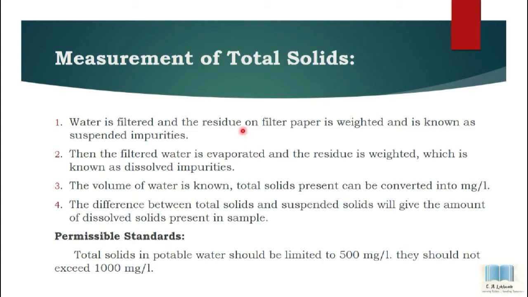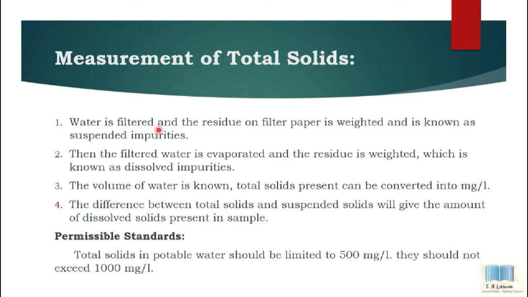Now the next point we will see is measurement of total solids. The first point is that water is filtered and the residue on the filter paper is weighed and is known as suspended impurities.